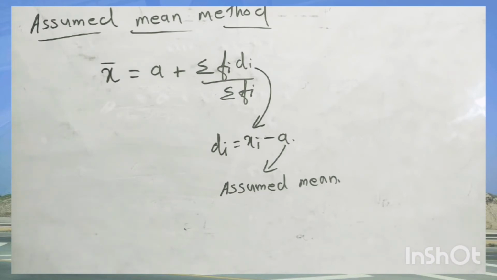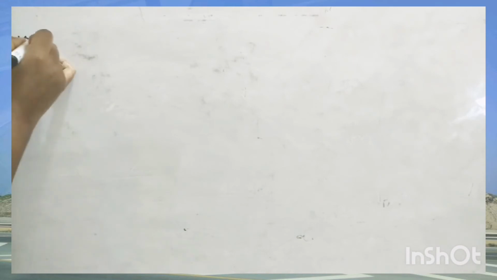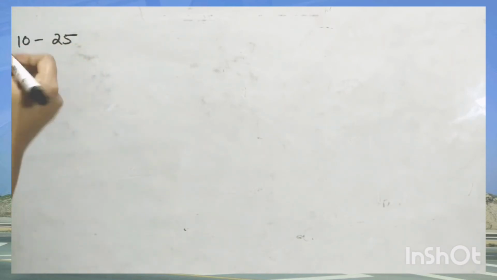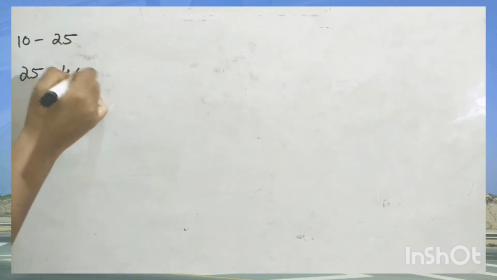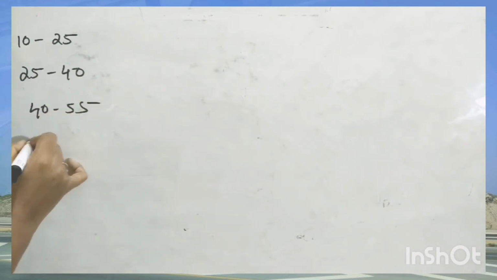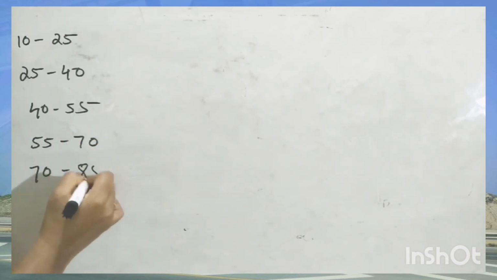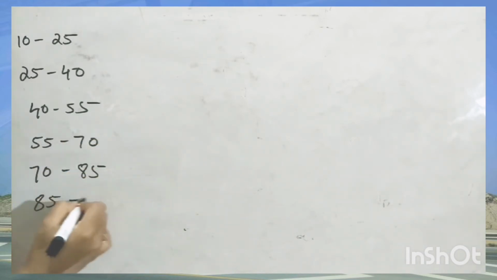Okay, so I am going to explain one problem by using this method, assumed mean method. That same problem I am going to take. We got the mean in the last problem, that is 62, by using the direct method. Now we are going to do it by using the assumed mean method. 40 to 55, 55 to 70, 70 to 85, and 85 to 100.